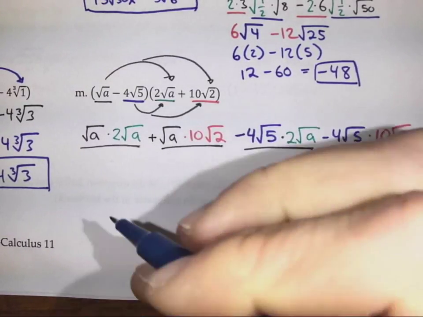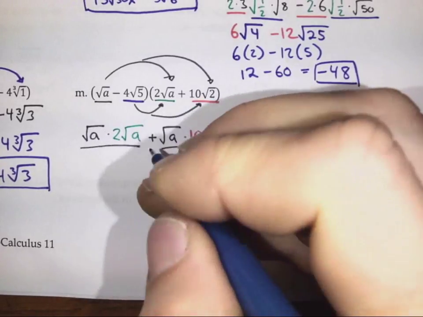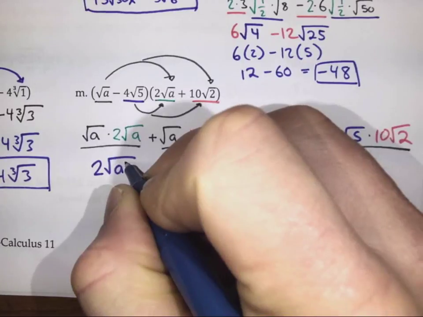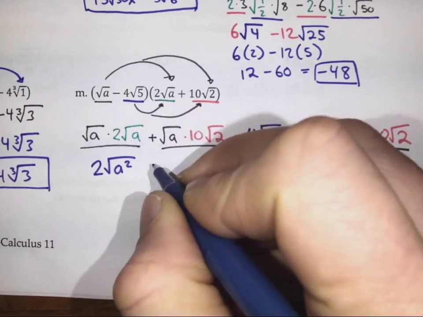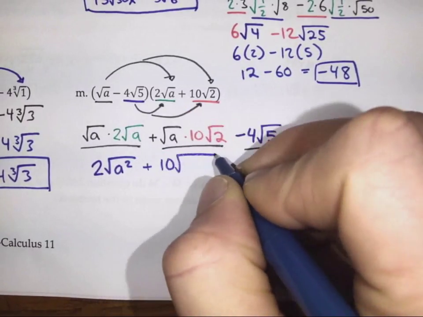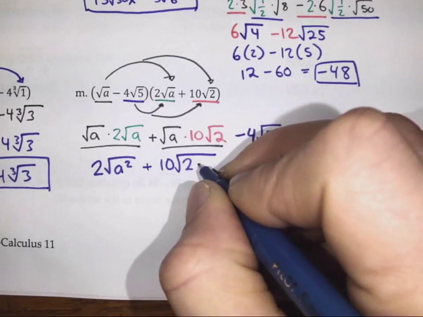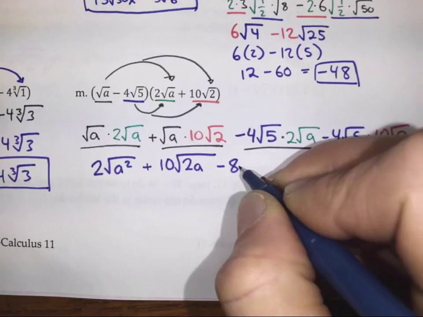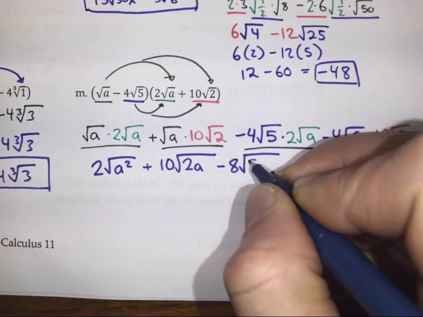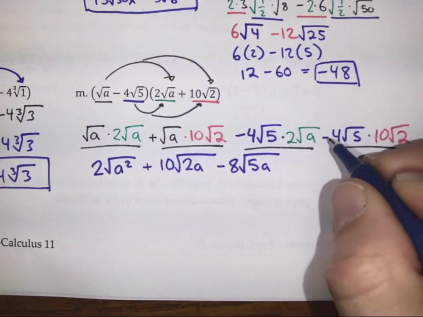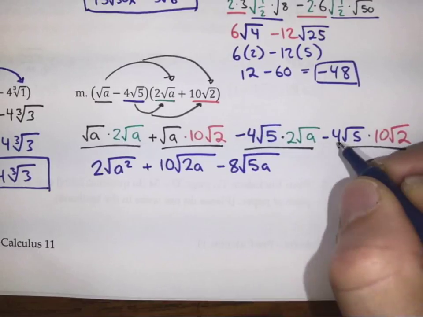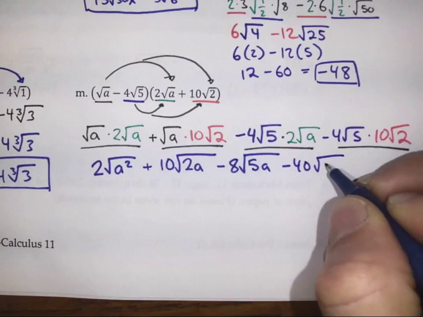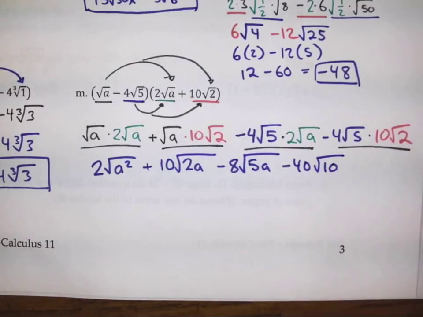Okay, so we've got 2 times the square root of a squared. So I'll write that as 2 root a squared. And we've got plus 10 root a times 2 is 2a. Negative 4 times 2 will give me negative 8. The square root of 5 times a. And then negative 4 times 10 is going to give you negative 40. And we'll have square root of 5 times 2, which is 10.